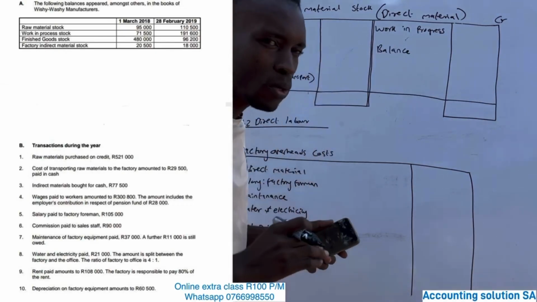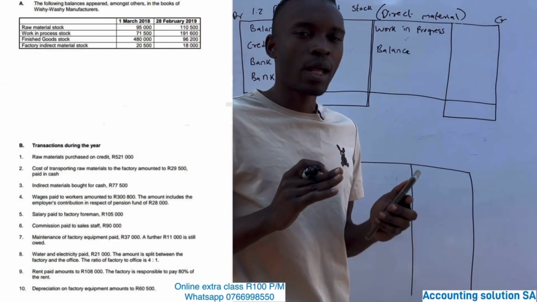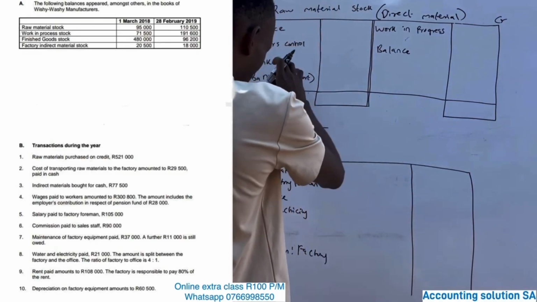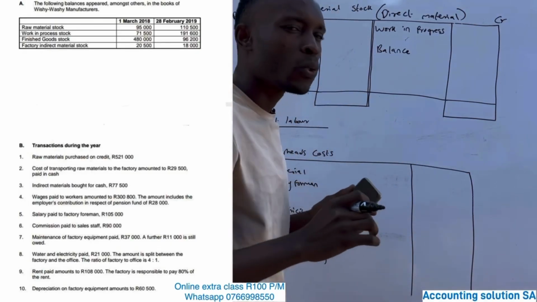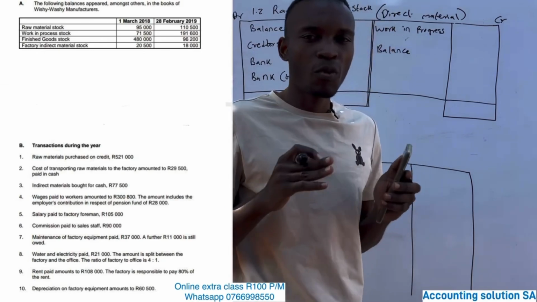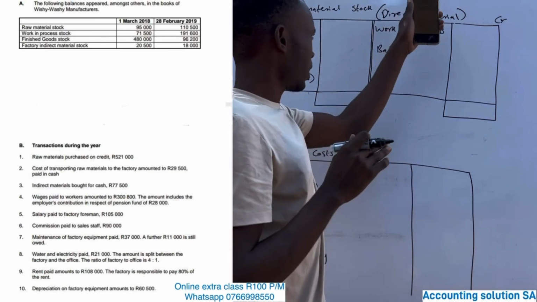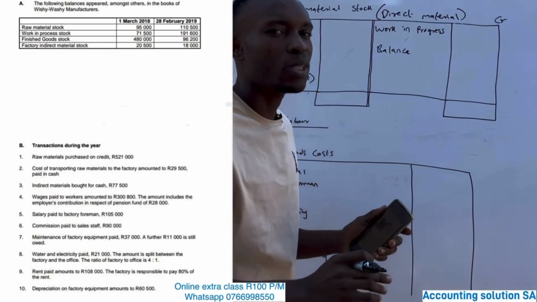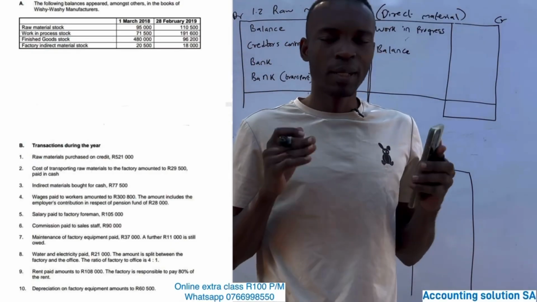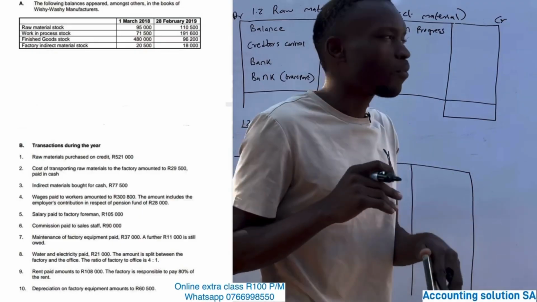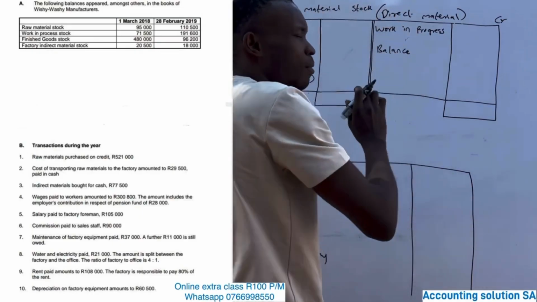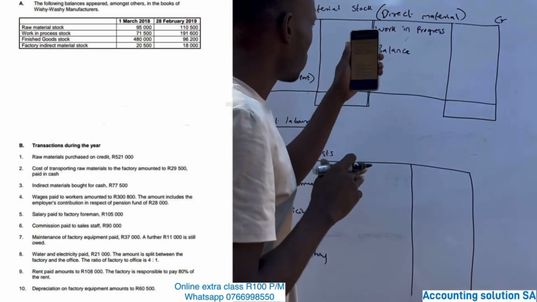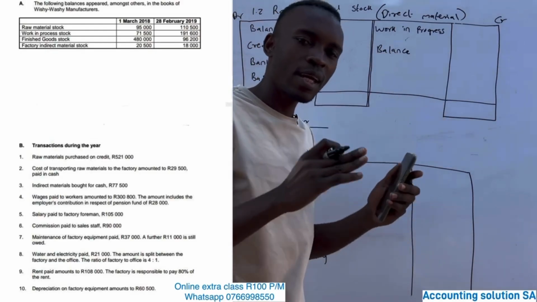Creditors control is when we purchase raw material on credit. Bank is when we bought raw material or direct material for cash. And the last bank is for transport that we paid to deliver those materials. Very simple and straightforward. And work in progress is the balancing figure after we have calculated everything. That's what we are going to do for these free marks.